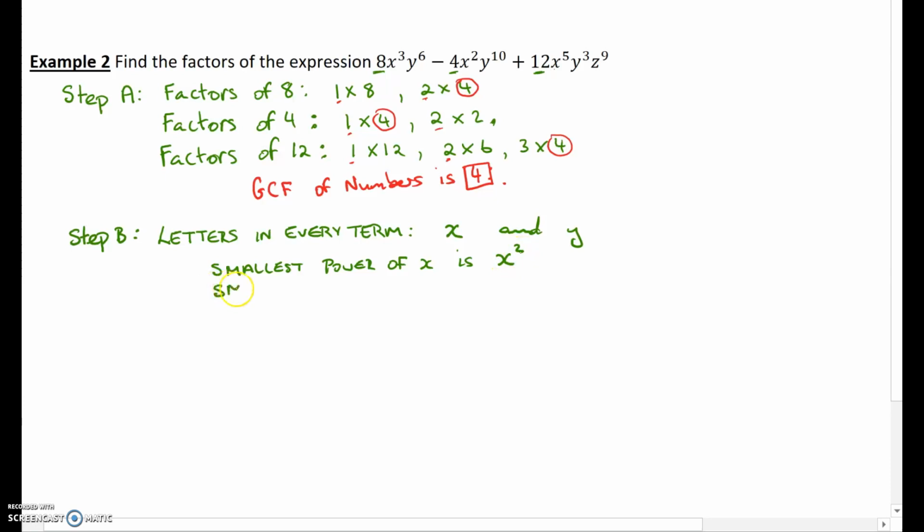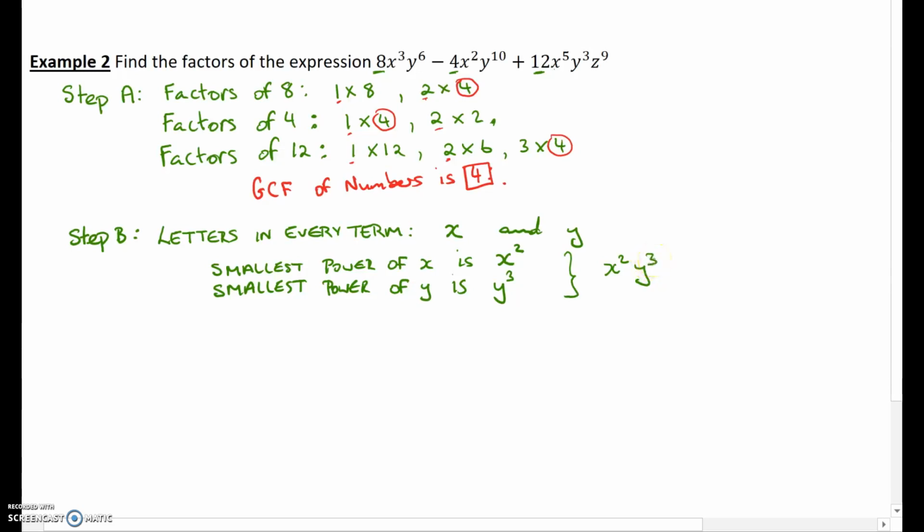And the smallest power of Y is, well, there's a Y to the 6, a Y to the 10, and a Y to the 3, so it's Y to the 3. Okay, and again, we're not interested in the Z here because in step B, we're only looking at letters that appear in each term. So that's going to be X squared Y cubed.